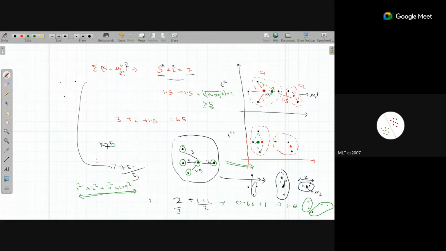So what will happen in that case? All points will be in different clusters, or you can say every point has its own cluster. In this case, the distance of any point from its cluster mean will be 0, because there is only one point, so that point itself is the cluster center.